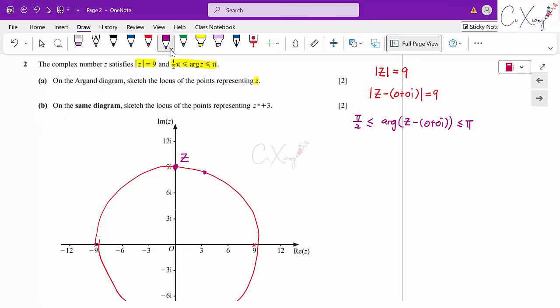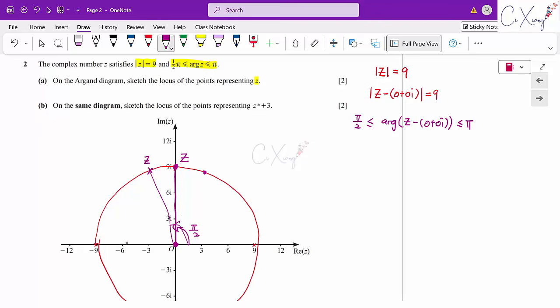So that when I draw a straight line from the point z to the center 0, 0, I'm having the angle which is pi over 2. Alright, then if I draw my z here, slightly further from the first z that I draw, and I draw a line from z to the center 0, 0, I also get the angle that's more than pi over 2 but less than pi.